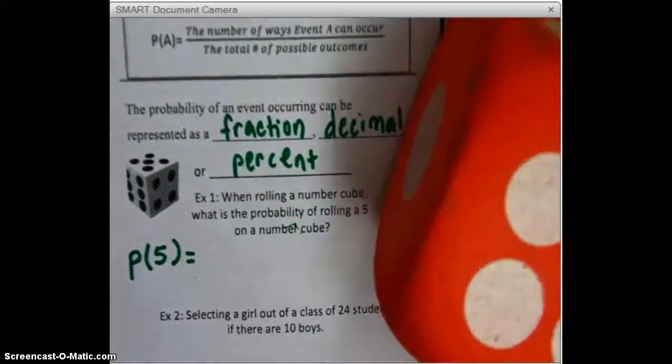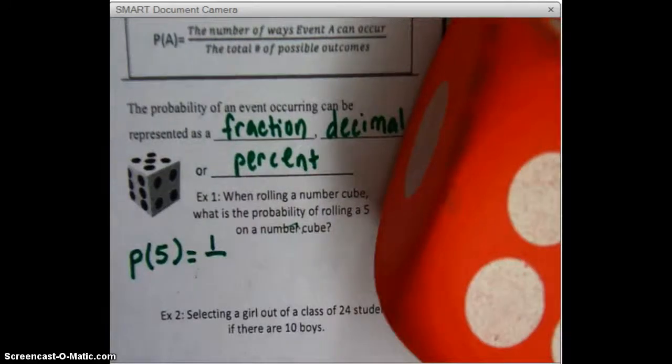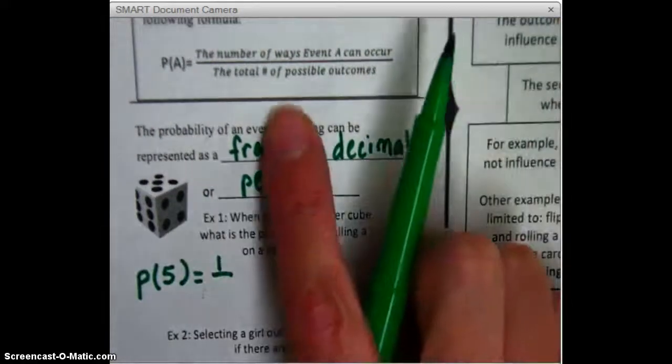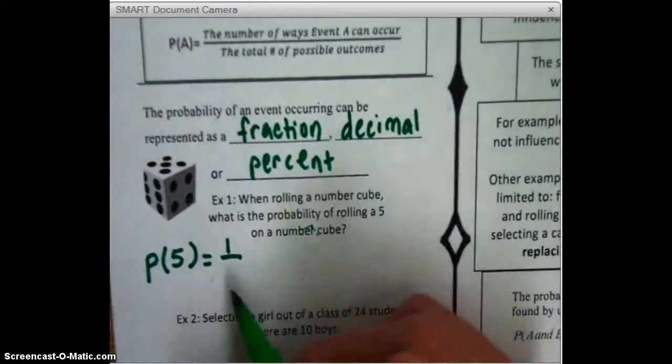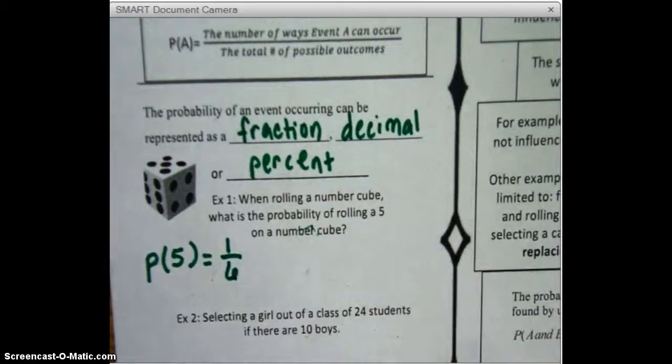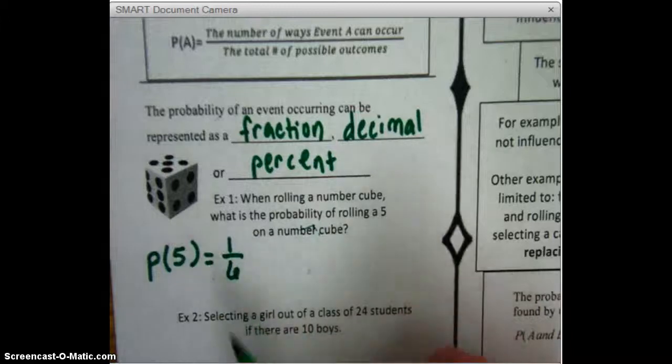Well, on this cube, there's only one side with the number 5. The bottom part of the fraction is the total number of possible outcomes. Well, the total number is 6. It could land on a 3, it could land on a 1, it could land on a 4. So there's 6 possible outcomes that it could land on. So you have a 1 in 6 chance of landing on the number 5.